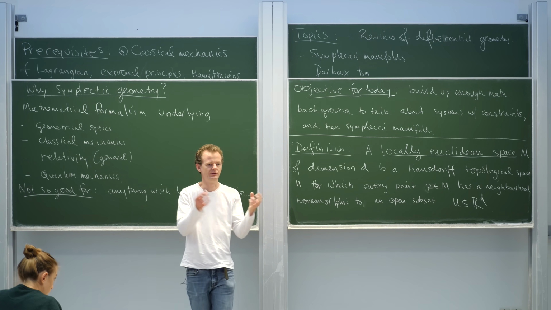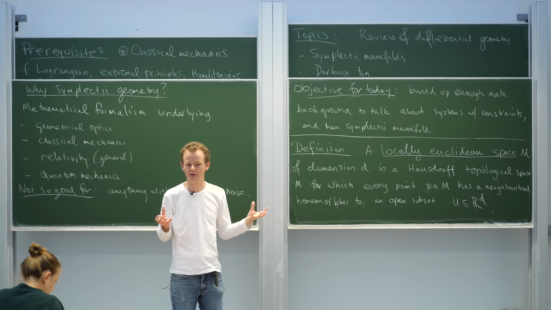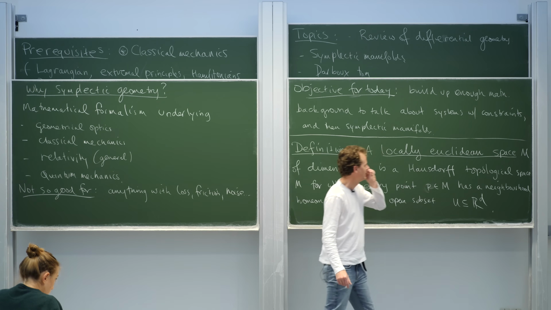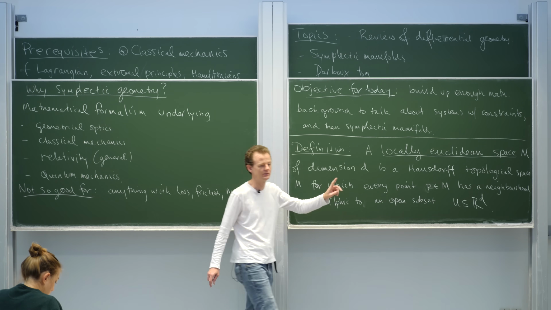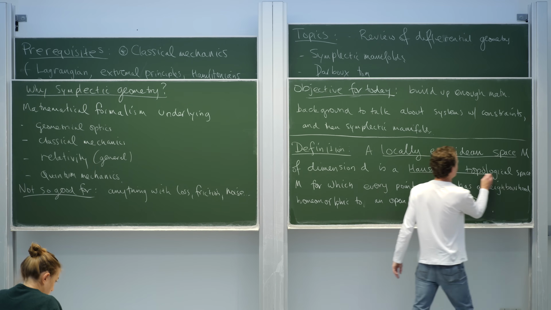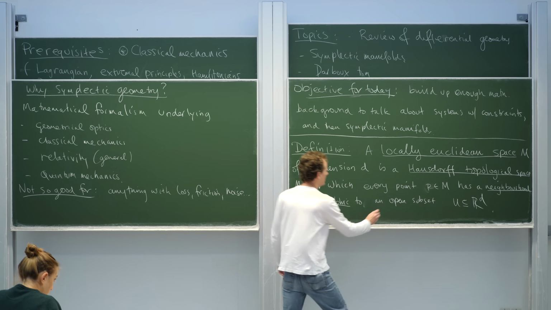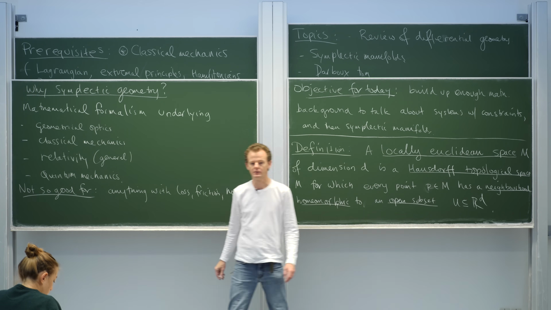It means that any two points can be separated by little circles around them, if you like. And every point in this space has a neighborhood, which is also a technical term; I'm going to underline the technical terms. Neighborhood, homeomorphic to an open subset of R^d.